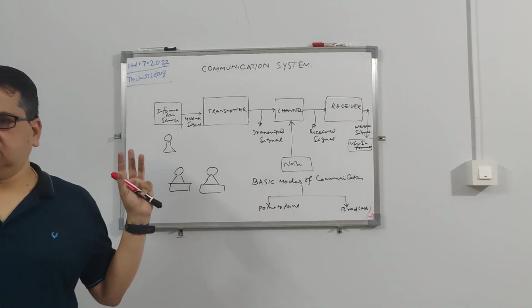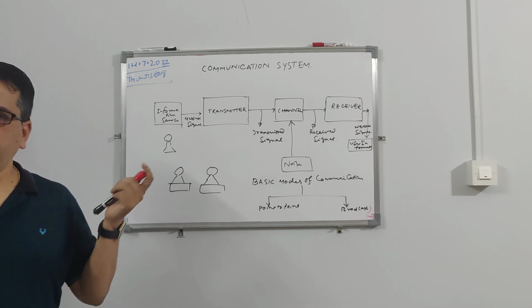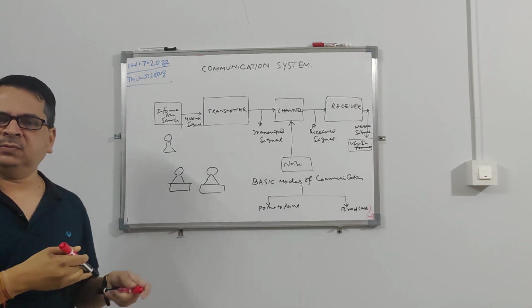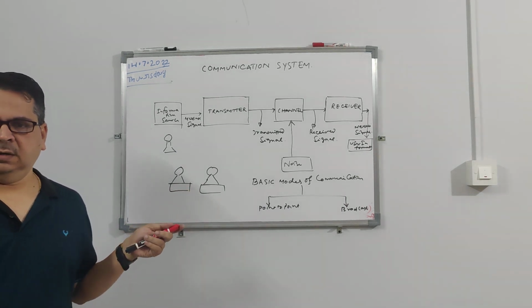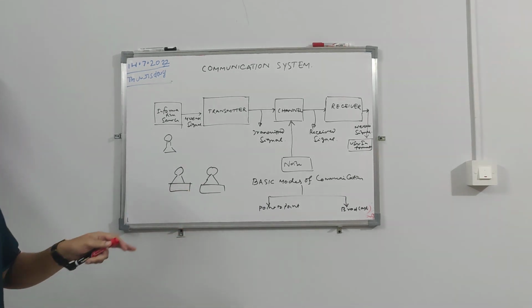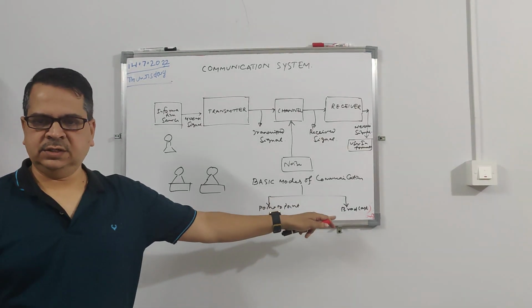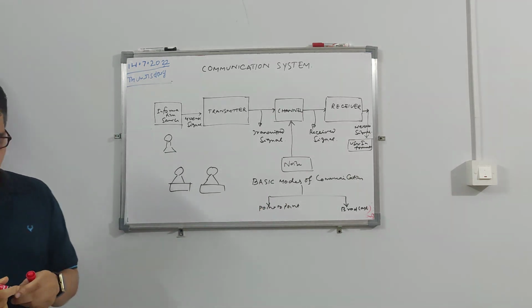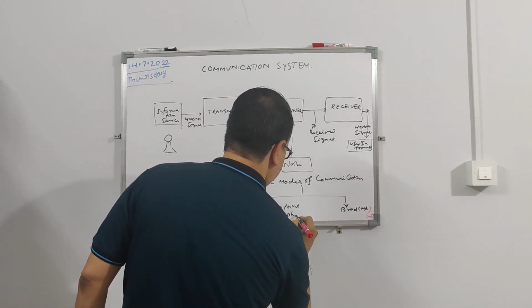The news anchor is talking, so his visuals or sound go to the satellite, and from the satellite to thousands of televisions or radios. That is called broadcasting. So TV, radio and all those are broadcasting. But point to point is one person to one person, like your telephone. Your telephony is point to point.